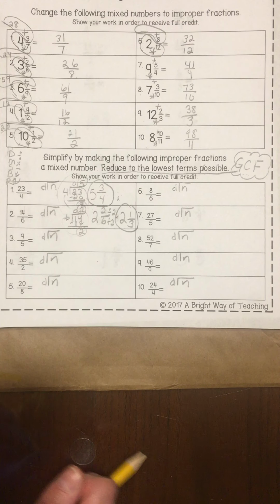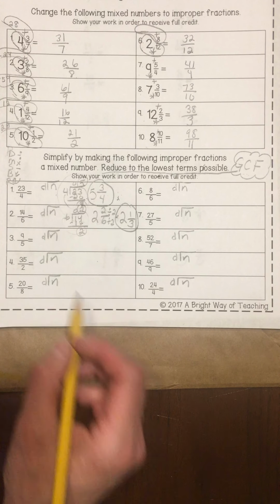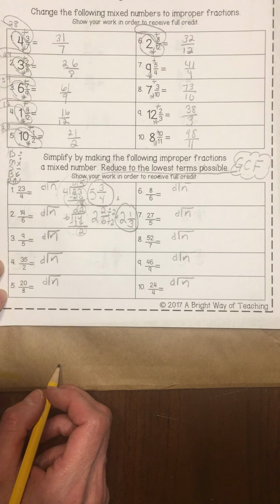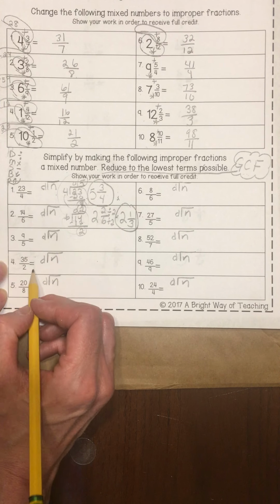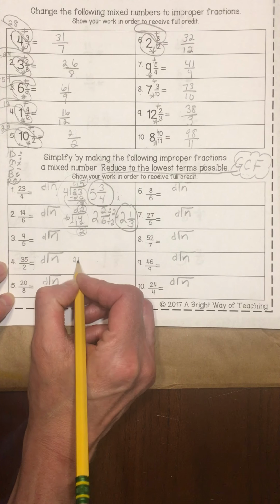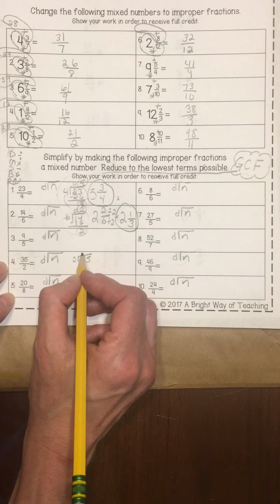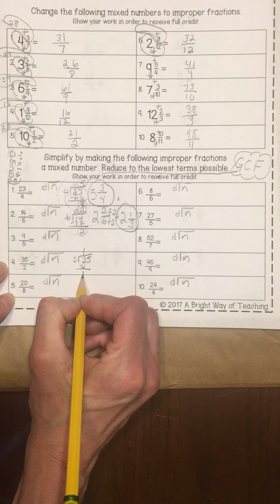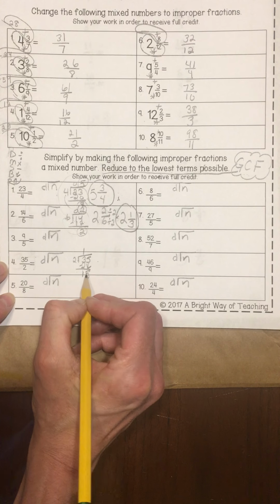I'll show you one more work through, and then I'll just show you the answer key. Because I'll have a little bit more room, let me skip to 4. 2 into 35. 2 can go into 3 one time. Subtract. I get a 1. Bring down my 15.